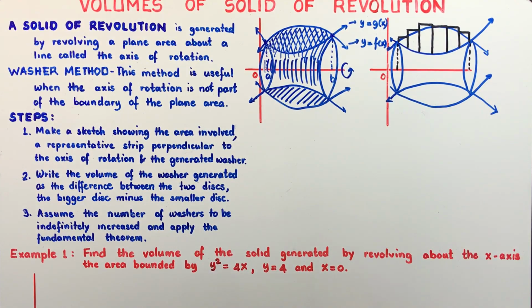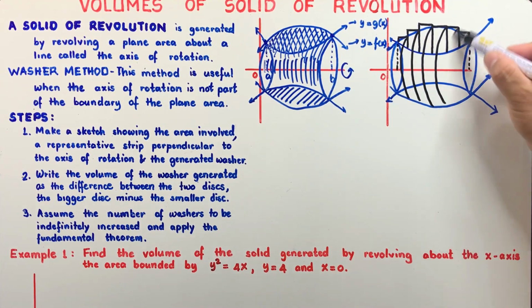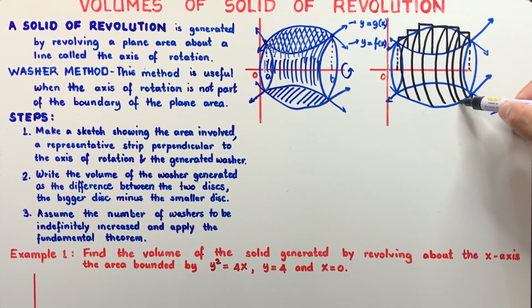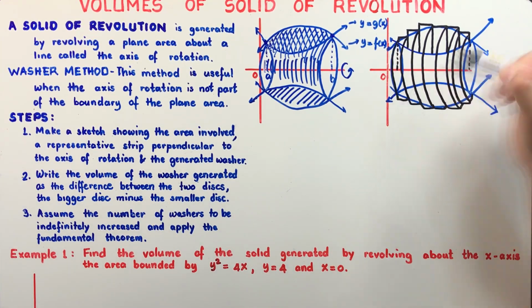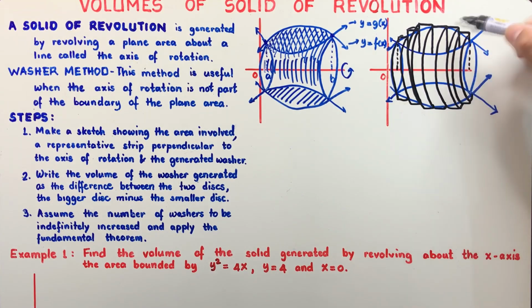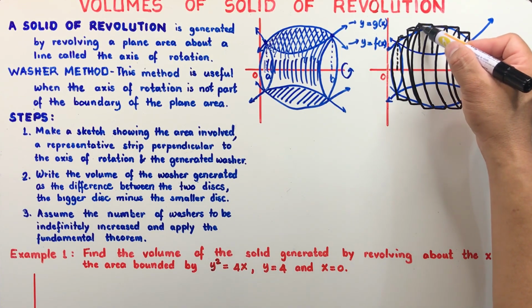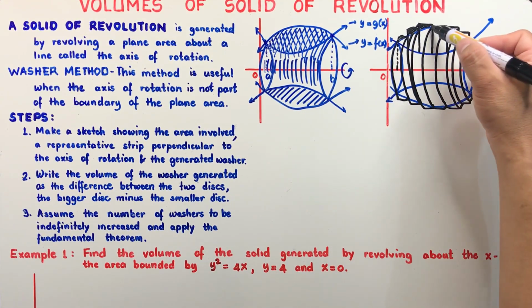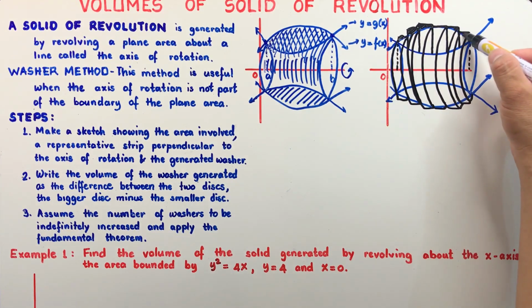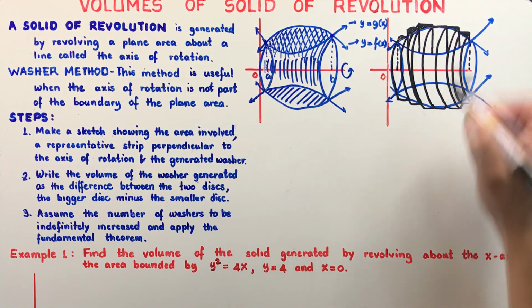And if you rotate these rectangles, you can form a solid that is almost the same solid figure with a hollow at the middle. Now remember that this solid form does not have the same volume as the one that we are looking for. Why? Because there exists volume here for every rectangle rotated.